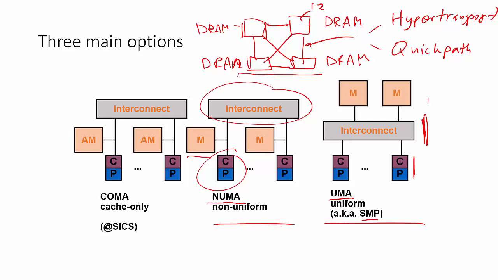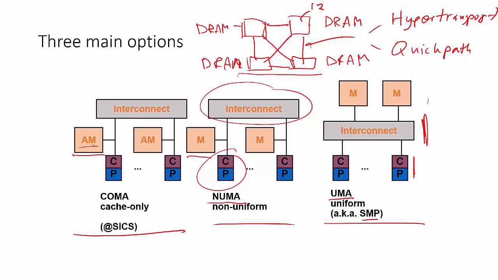Just out of personal interest, we also include something called a COMA architecture, or a cache-only memory architecture. In this kind of architecture, the memory looks very similar to NUMA, and it is, but the memory here is not normal memory. It's a big DRAM cache, a so-called attraction memory. Therefore, it's written AM here.